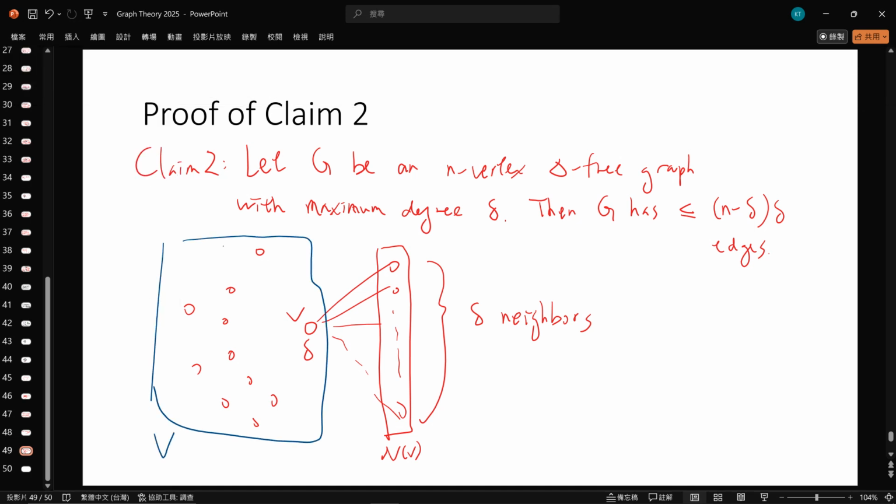So this set is just the vertex set minus the neighbors of V, okay? So it's like we divide the whole vertex set into two parts. The first part is the neighbors of V, where V is the maximum degree vertex, and the other set is just the rest of the vertices in the graph.